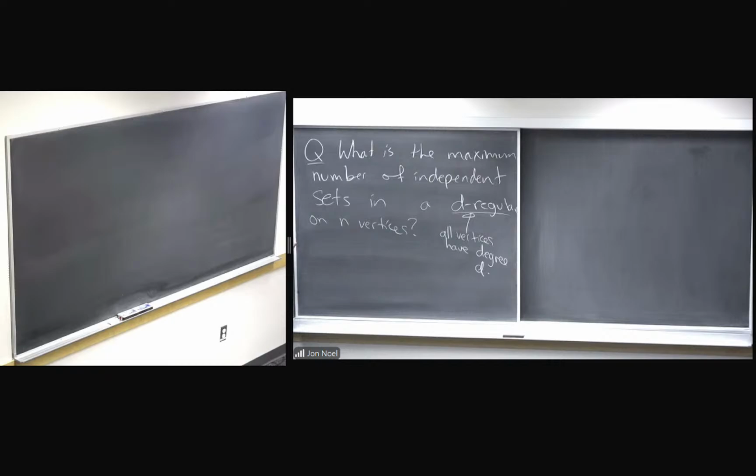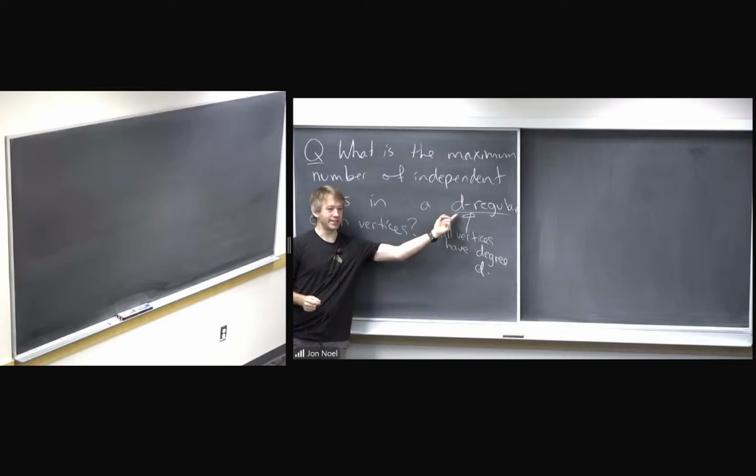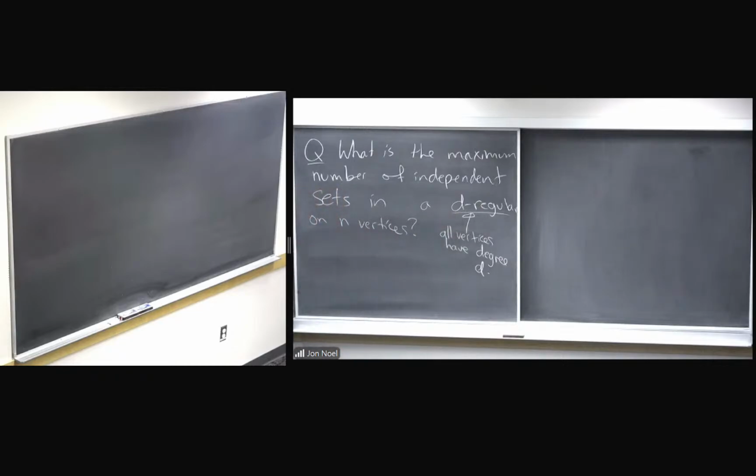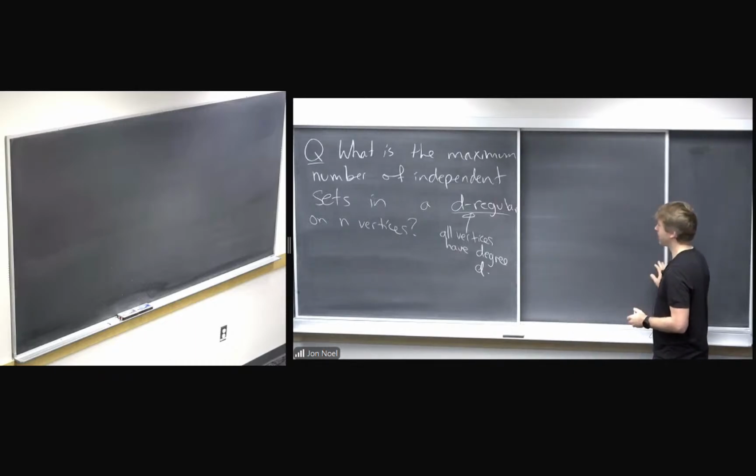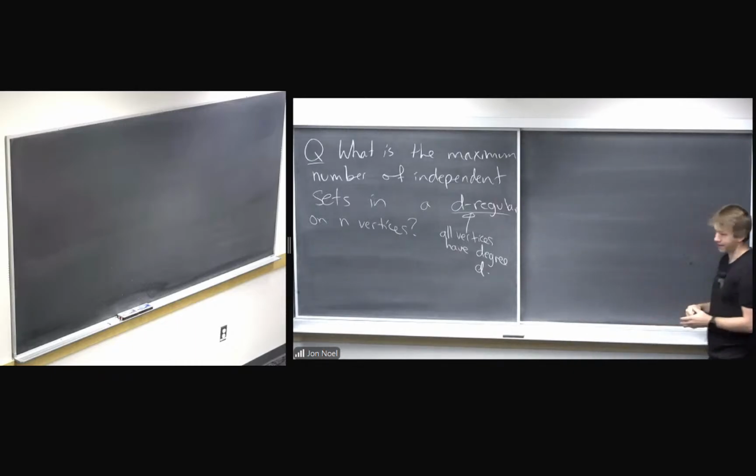So you've got two parameters here, D and n, and we want to maximize the number of independent sets given these two parameters, right? We're not going to actually solve this problem, even though this is a solved problem, but we're going to give sort of a rough bound.